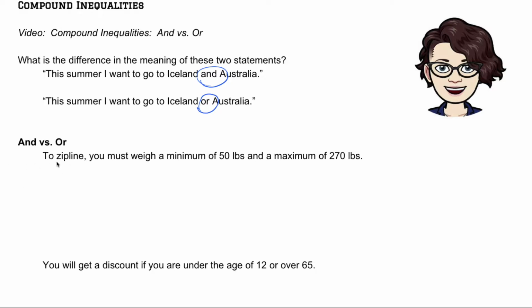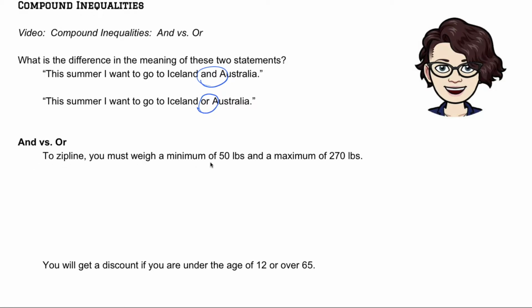So now we're going to look at using those words and or, which are very small words but have big meaning in a math context. So true story, we're looking into ziplining for my sons, and we discovered that one of them isn't quite large enough to zipline yet, because here are the rules to ziplining.